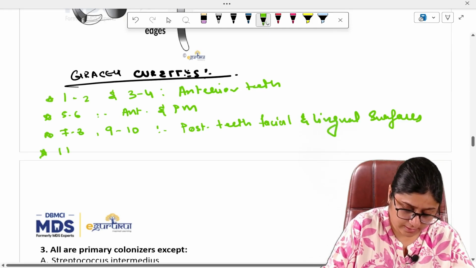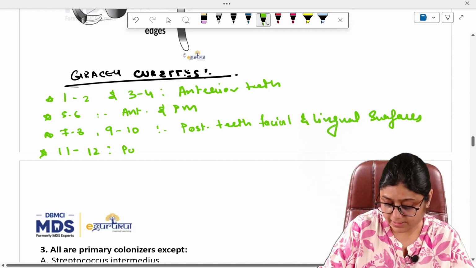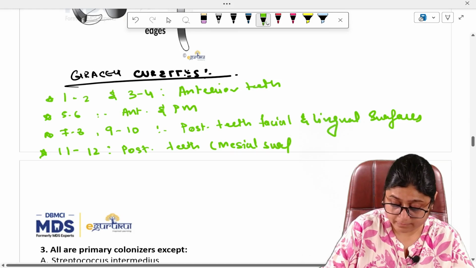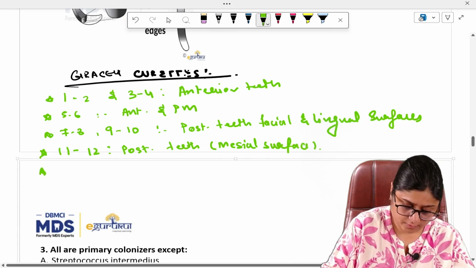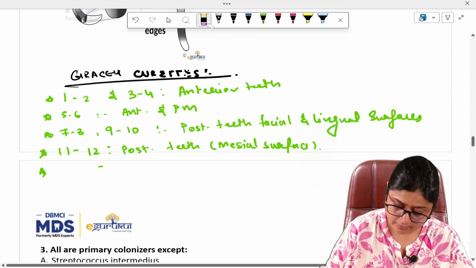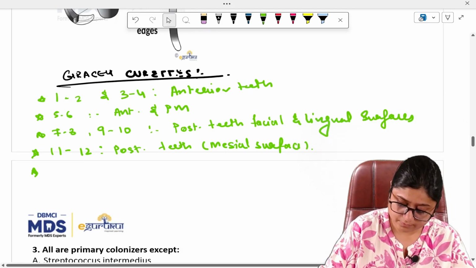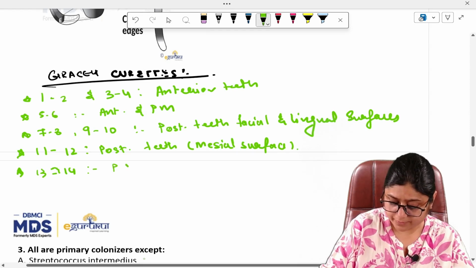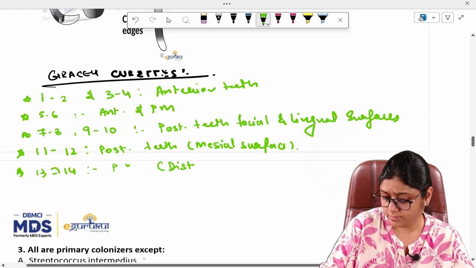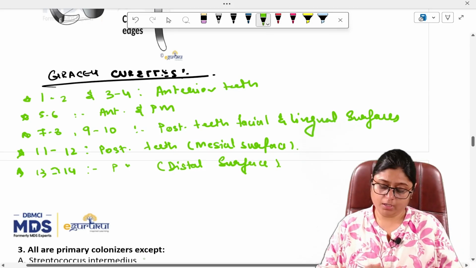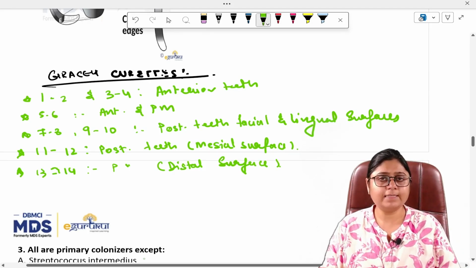Then 11, 12 is posterior teeth, mesial surface. 14, 15, sorry, 13, 14. 13, 14 is posterior teeth, distal surface. Okay, posterior teeth, distal surface. Then there are modifications of Gracey curates which are 15, 16, 17 and 18.